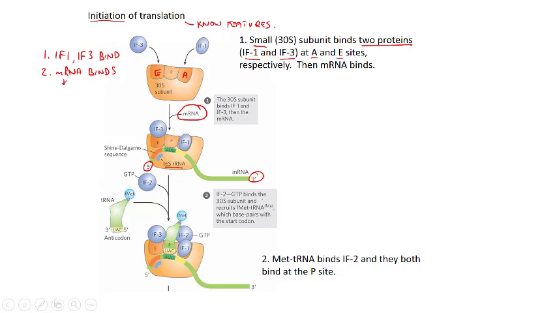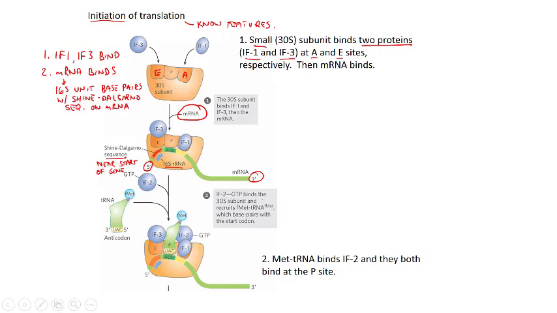But the importance of this 16S rRNA is that it base pairs with this segment of the mRNA called the Shine-Dalgarno sequence. So what's that? The Shine-Dalgarno sequence, shown in orange here, is present near the beginning of every gene in bacteria.